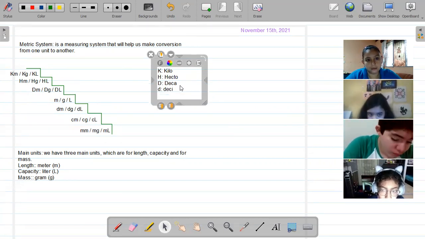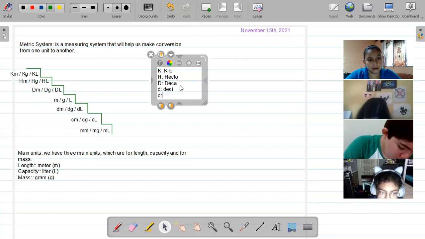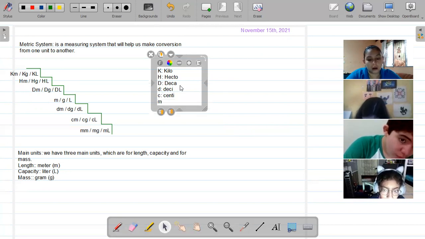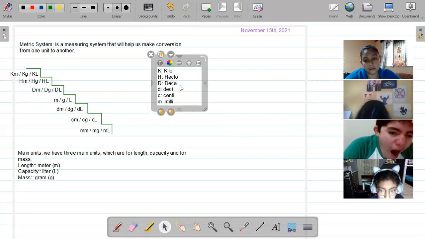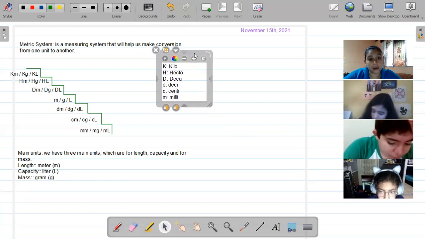Also means 10. Small c means centi, means 100 as well. Small m means milli, with double L. Milli with a double L. And it means 1,000 as well. So in that way, you will be able to determine what do you have. Then the other ones are either meter, gram, or liter.